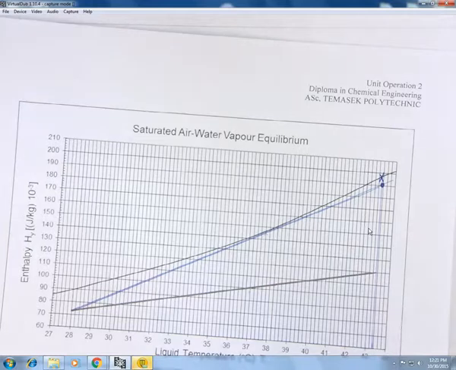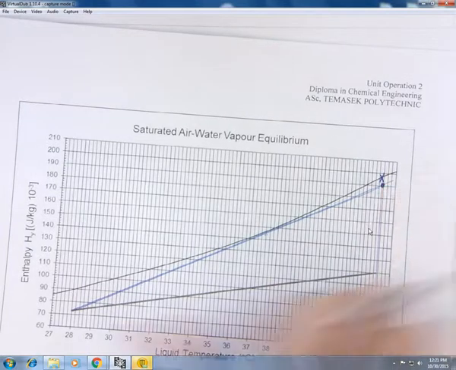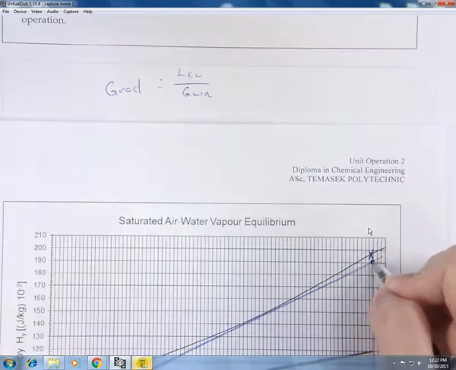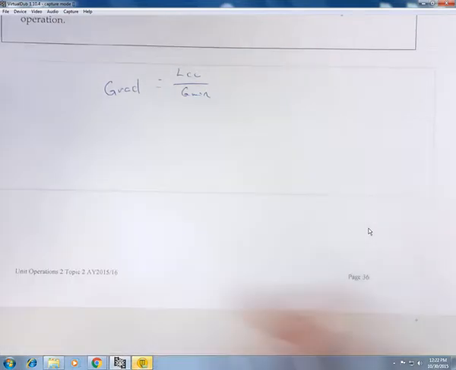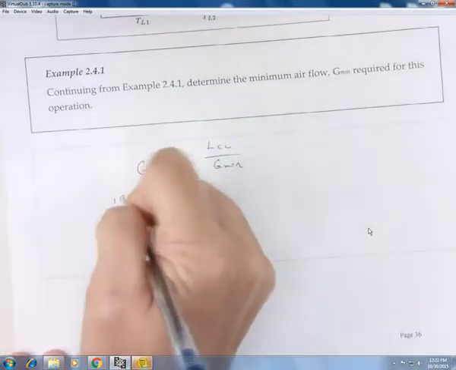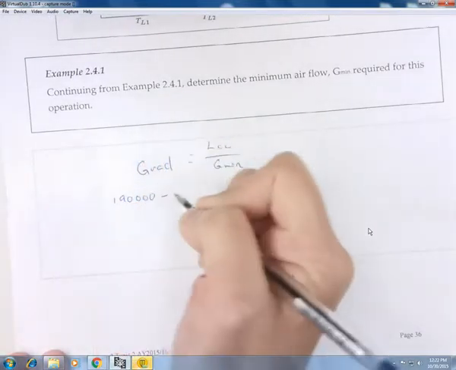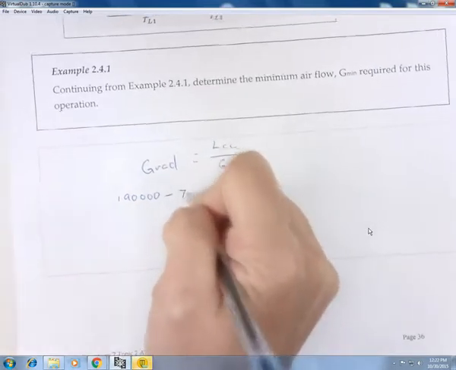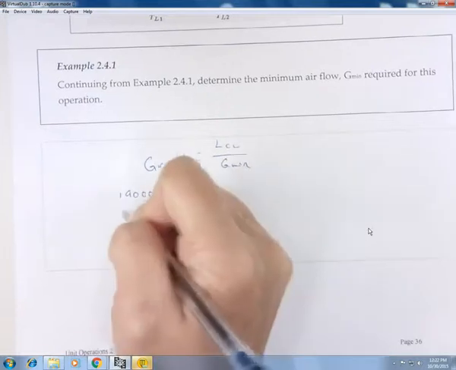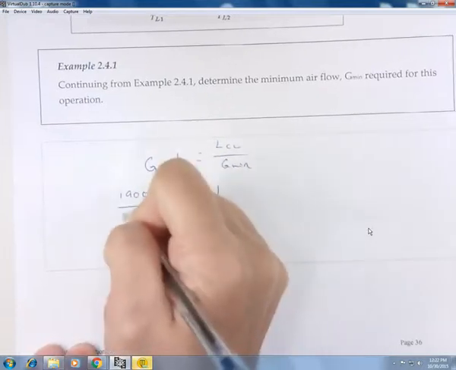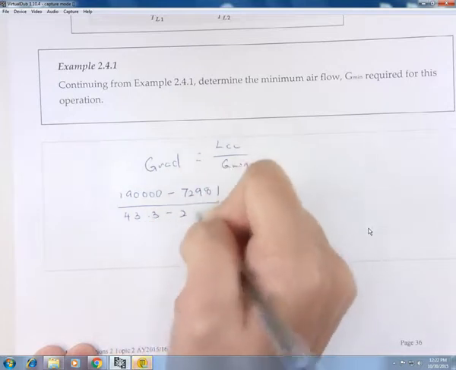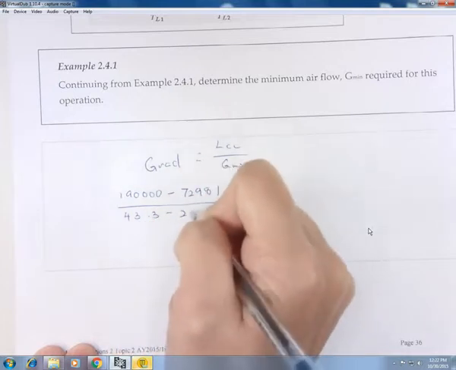Now we just need to find the gradient of this line, delta y over delta x. Looking at the graph, this one is about 0.190. So 0.190 minus your initial value of 0.072, over your delta x, which is 43 minus your TL1, 28.